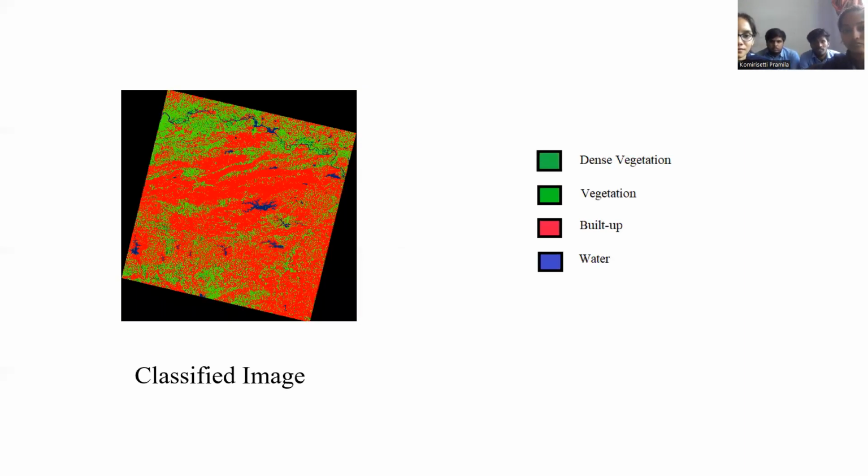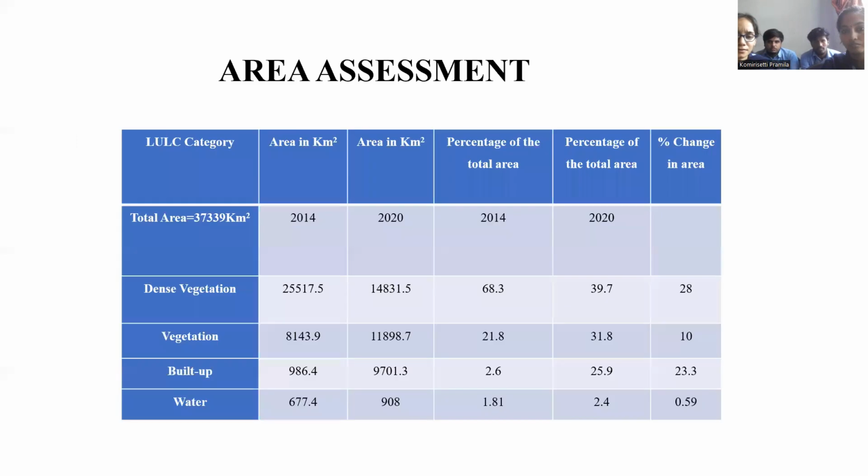It classifies the land into vegetation, barren land, and built-up land. Here is an area assessment. It classifies 2014 and 2020. It shows the percentage of the total area and the percentage of change in the area.